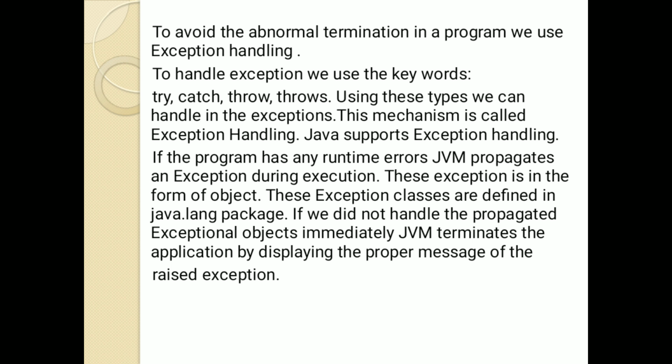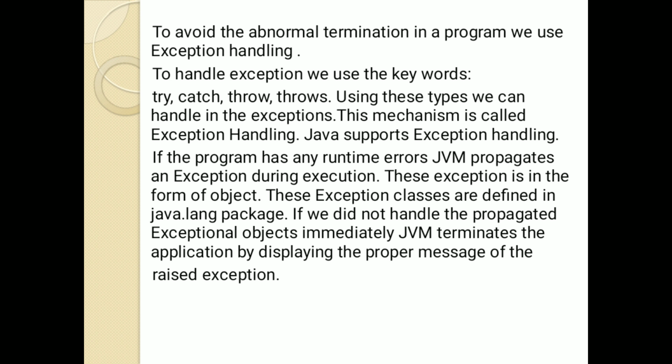Now, what is exception handling? Up to now we have discussed the different kinds of exceptions that arise while we are working with programs. So how do we handle those abnormal situations? The mechanism of handling exceptions, to protect programs from abnormal termination, is called exception handling.